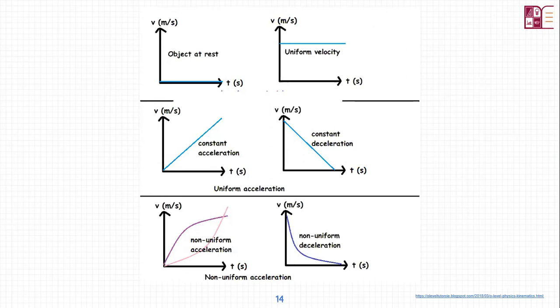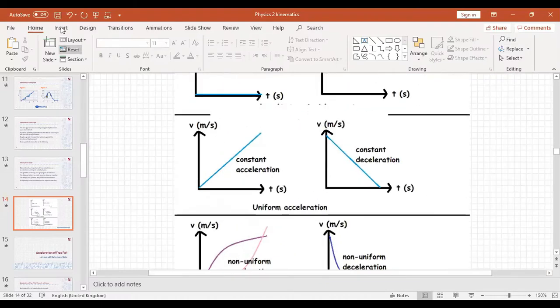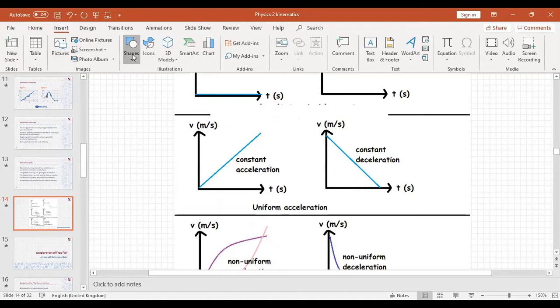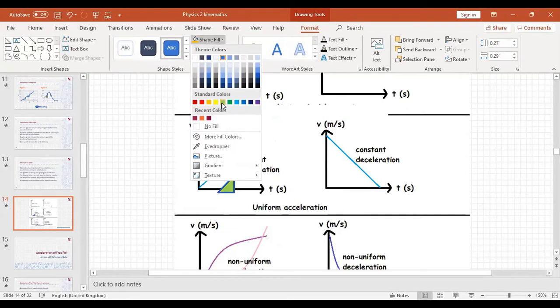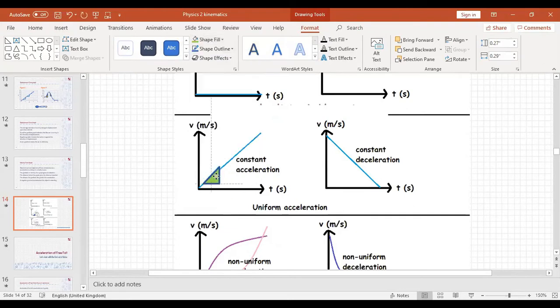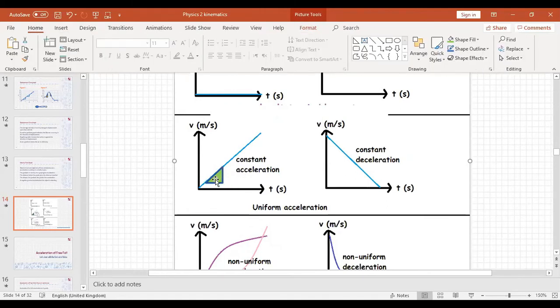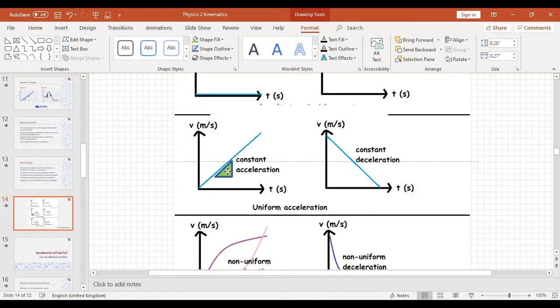If I take a triangle and use it at different points along the graph, at any point the gradient remains the same, which means that there is constant acceleration.